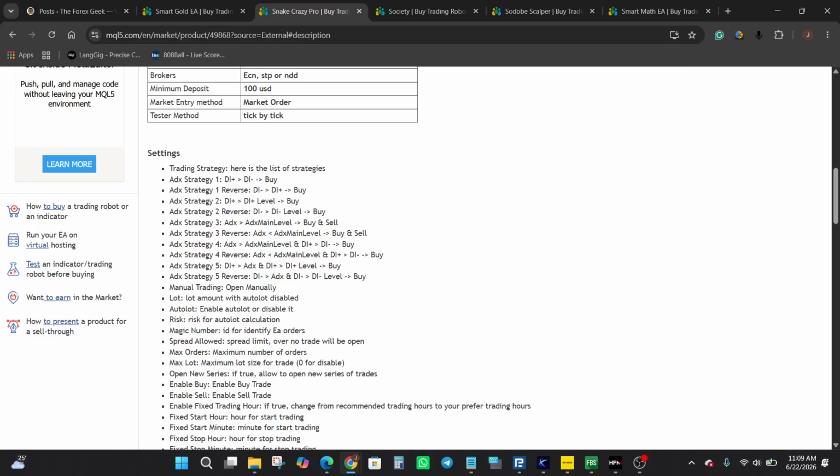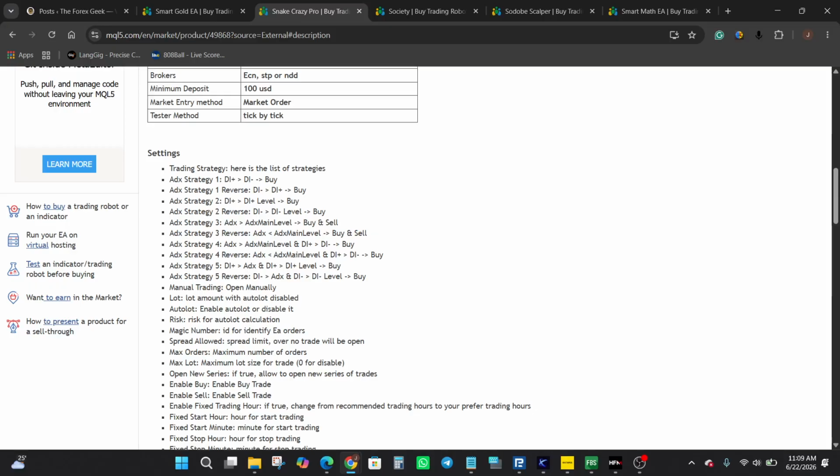The settings allow users to select the trading strategy they want to run, configure lot sizing manually or through an auto lot feature, set risk values, define maximum orders, and control trading hours. There are also parameters related to spread filtering, trade management, take profit targets, monetary loss limits, and trading session controls.